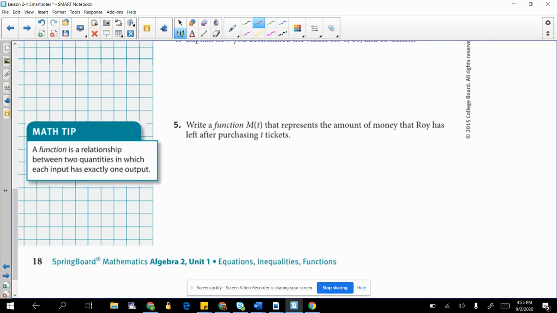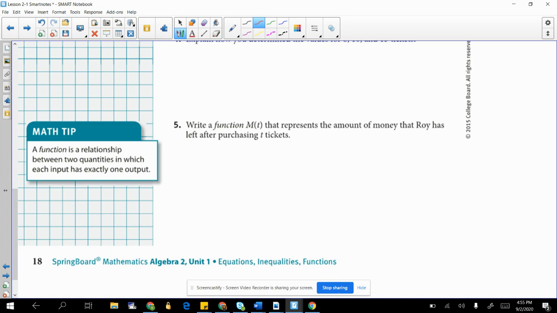Okay. Number 5 then says, and maybe your answer from number 4 will help you to come up with this, but it's asking us to write a function m of t that represents the amount of money that Roy has left after purchasing t tickets.